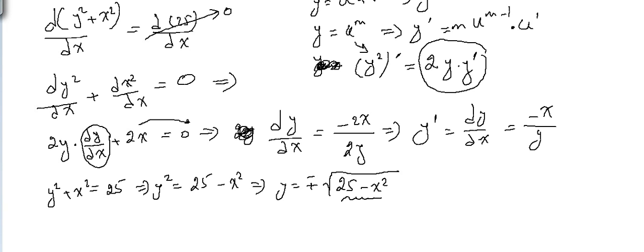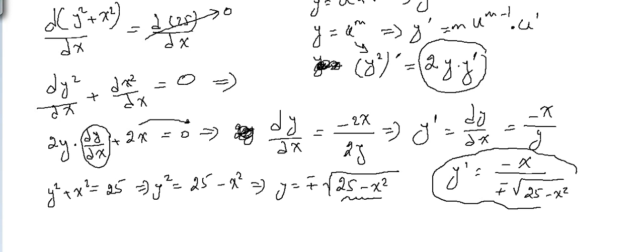We take the condition for sure, but we can substitute the y here. So y prime is equal to minus x over plus or minus the radical of 25 minus x squared. So we have the derivative now in terms of x, if we want to substitute the value of y in it. And end of this video. See you next video.